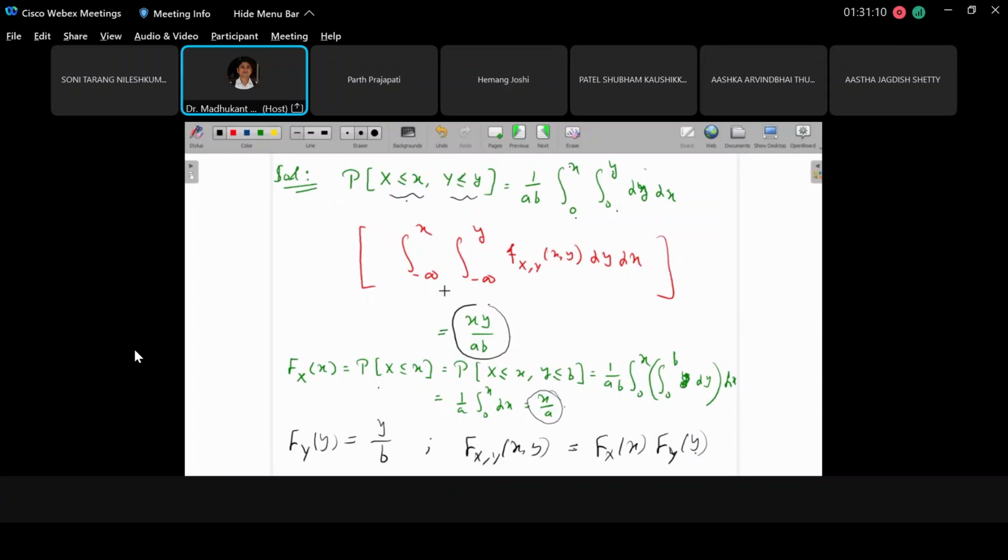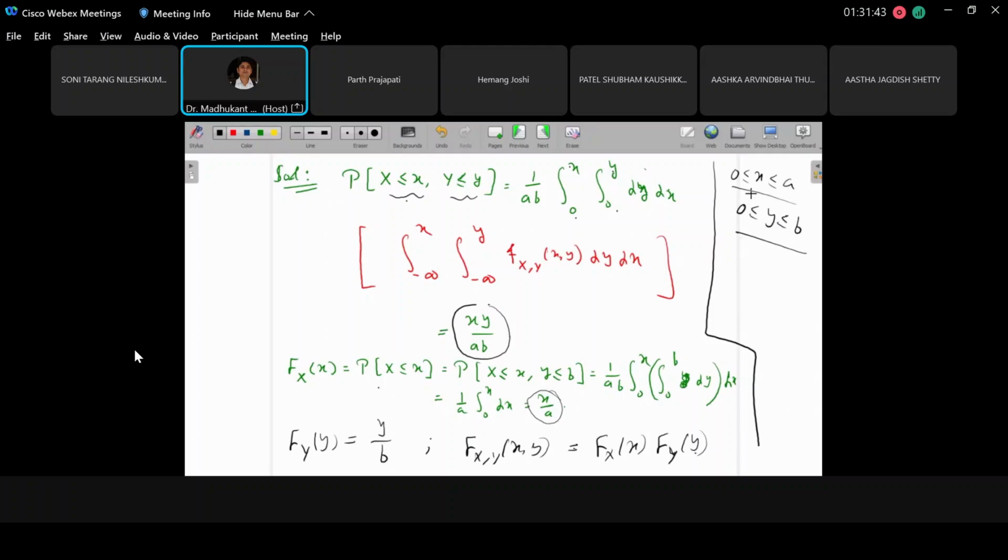And you know, for a continuous random variable, the derivative of Fx defines the small f, the PDF. So 1 by a. This is true for 0 less than or equal to x less than or equal to a, and 0 otherwise. Everything here works out for 0 less than or equal to x less than or equal to a, and 0 less than or equal to y less than or equal to b.